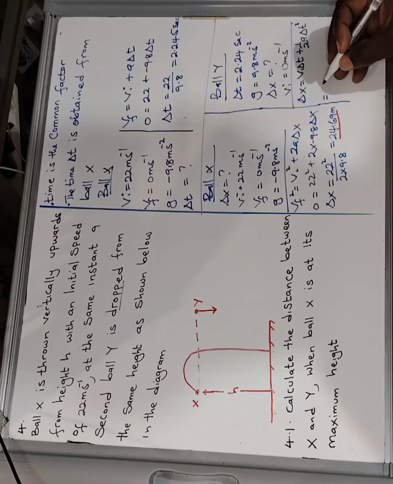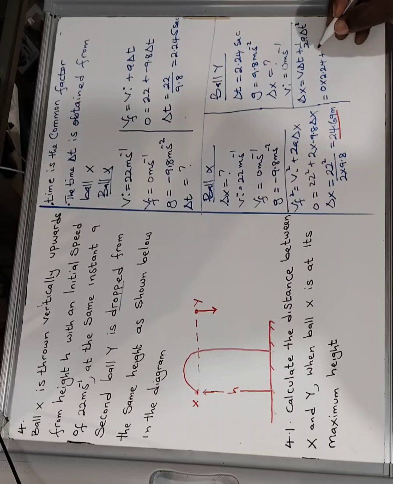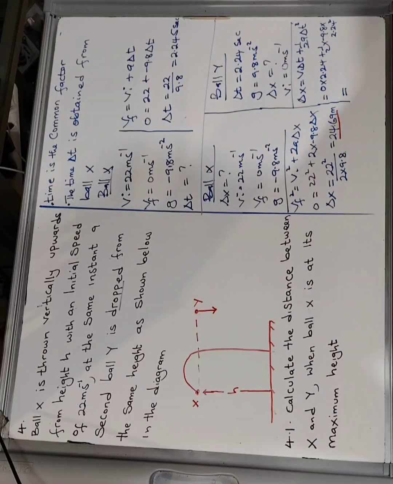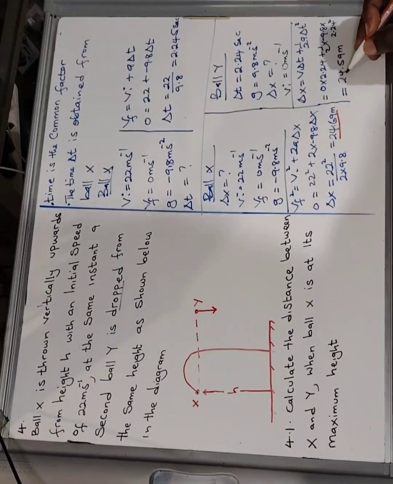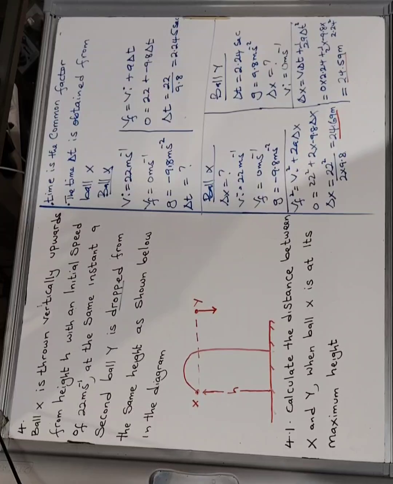We are going to have 0 times 2.24 plus a half times negative 9.8 times 2.24 squared. And what do we get? Let us see what we get. So this is what you get as the displacement covered by ball Y as it goes down.